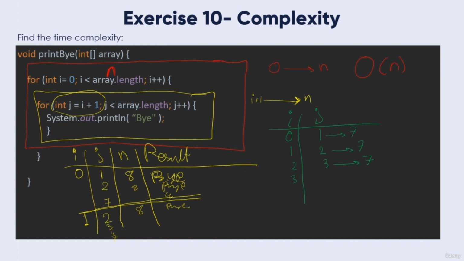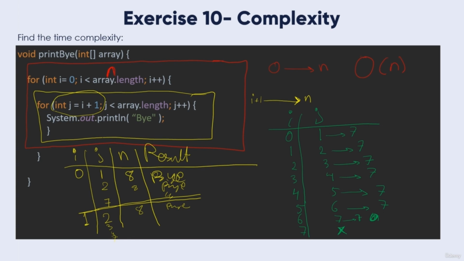If we took 3, j will go from 4 to 7. For 4, from 5 to 7. For 5, it will go from 6 to 7, and for 6, it will go from 7 to 7, executing one time. And if we go from 7, j will not execute.